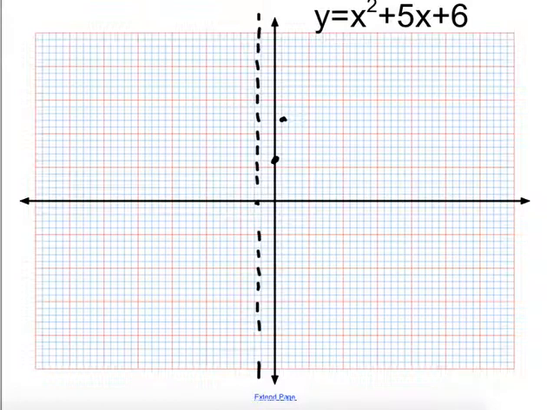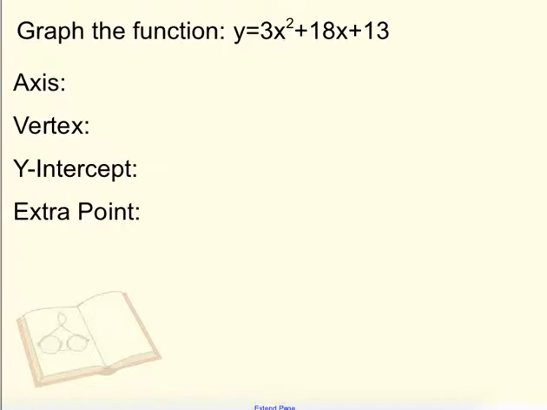So I'm going to go a half, 1, 2, and 3, meaning I'm going to be right here on the other side of that axis of symmetry, right at negative 6, 12. Okay? So, meaning I now have enough points to show that my curve goes something like this. And we always put arrows at the end of our parabolas because it goes on forever. All right, so here's another one that we can try.